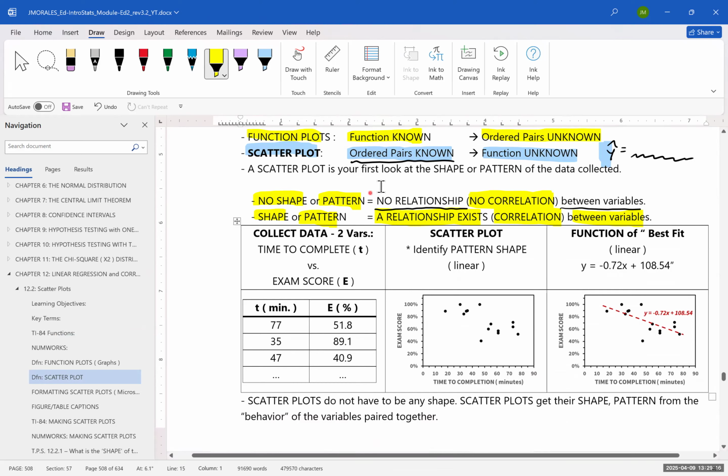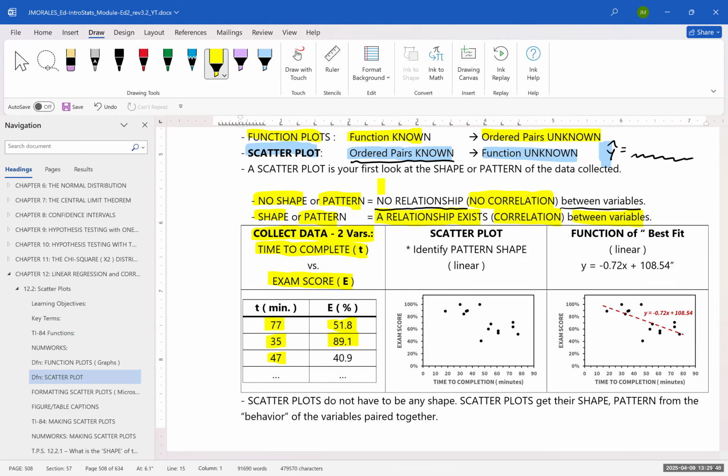So with a scatter plot, we collect some data of two random variables. It might be the time to complete an exam is one random variable, and the resulting exam score is the second random variable. So one student took 77 minutes to take the exam and got a 51.8% on it. Another student did the exam in 35 minutes and got an 89.1.